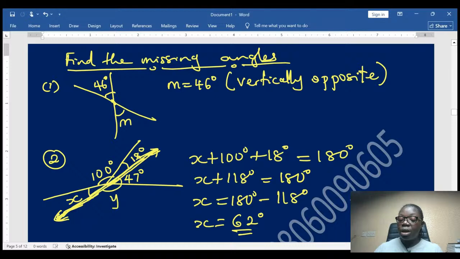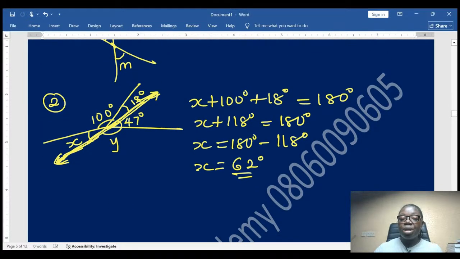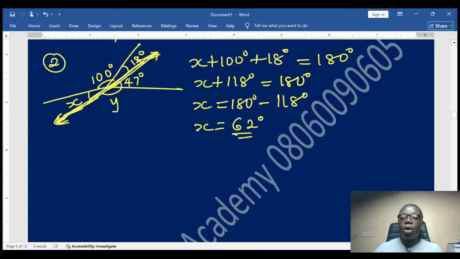I hope you understand. After finding the value of X, we need to find the value of Y. What will the value of Y be? Look at Y. Angle Y and angle 47 degrees are adjacent angles. Adjacent angles are angles that are beside each other.